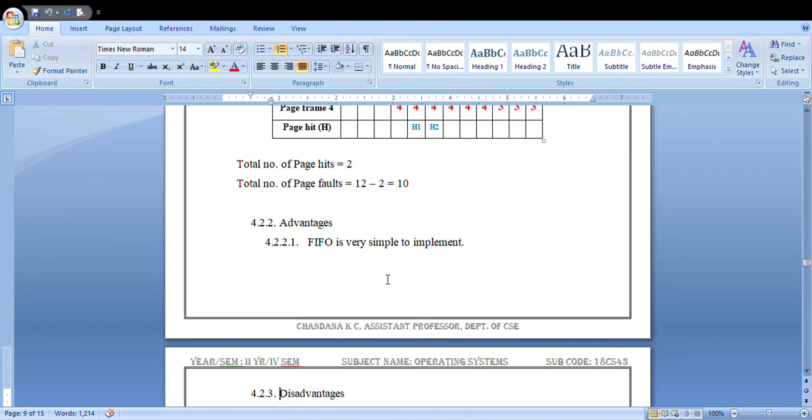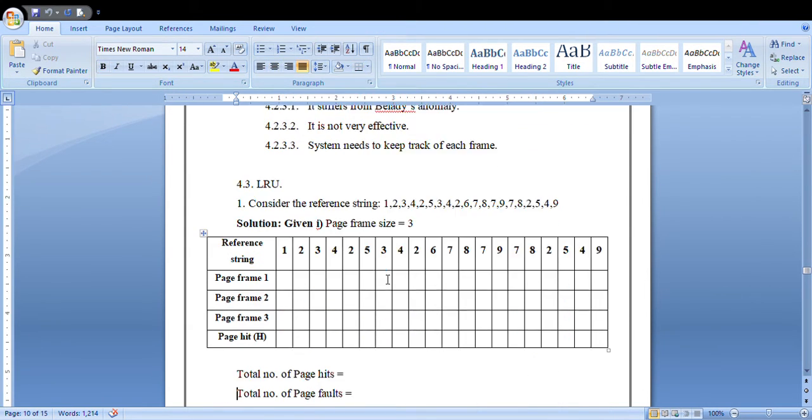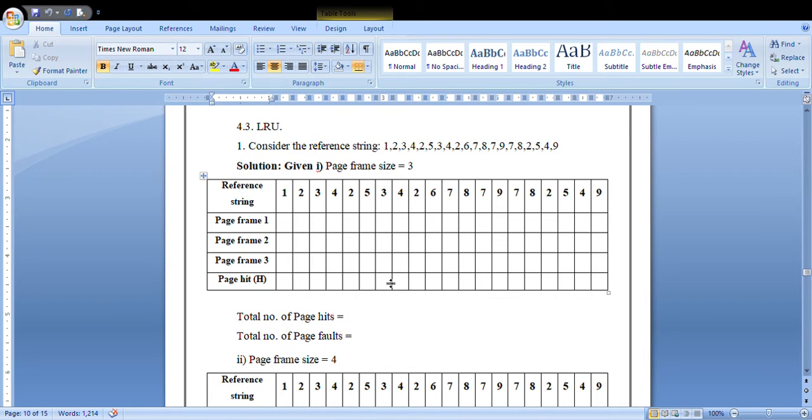In this video, I am going to discuss LRU. It is nothing but least recently used. In first in, first out, you replace the page based on whether the page is the oldest one, and you allocate the new page to that frame. In the LRU method, you check which is the least recently used, the oldest one, and replace that.